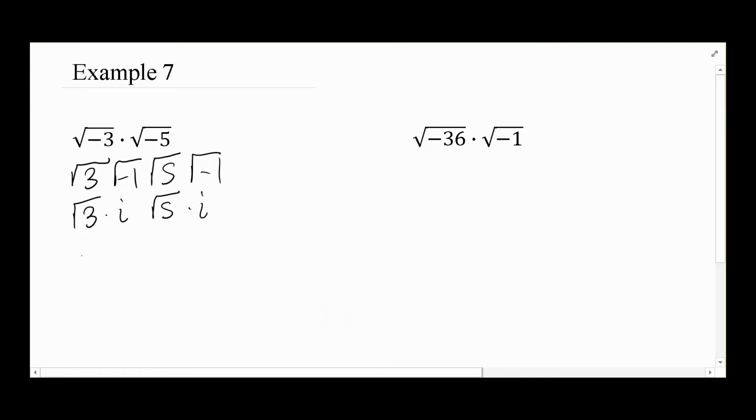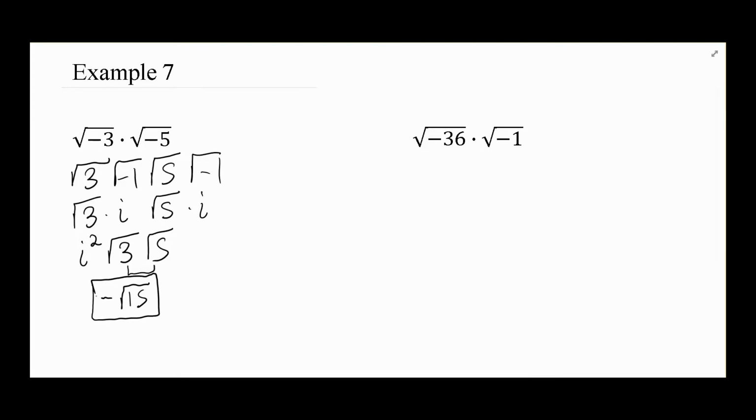Now i times i would get me i squared. And now that I'm looking at square root 3 times square root 5, those really can multiply together now because they're fully real numbers. Those would get me square root of 15. But then remember that i squared is -1. So this actually gets me negative square root 15.